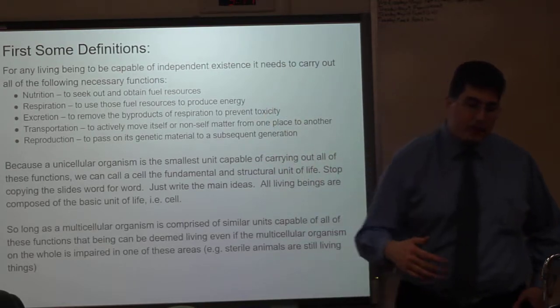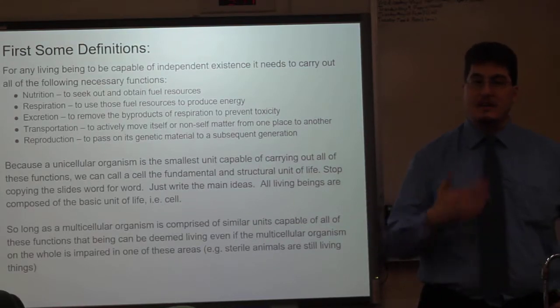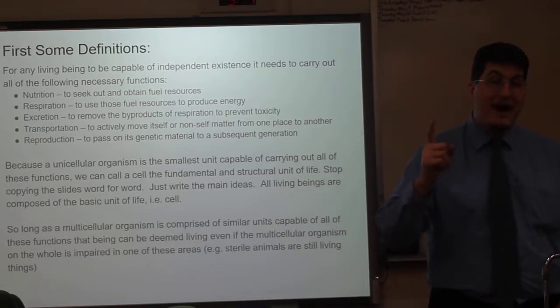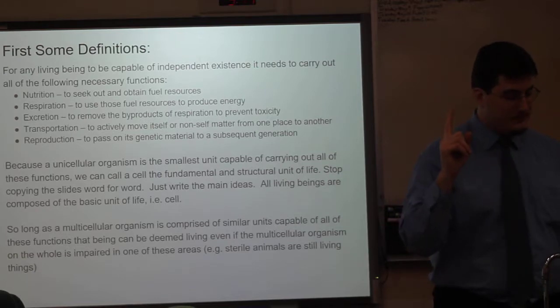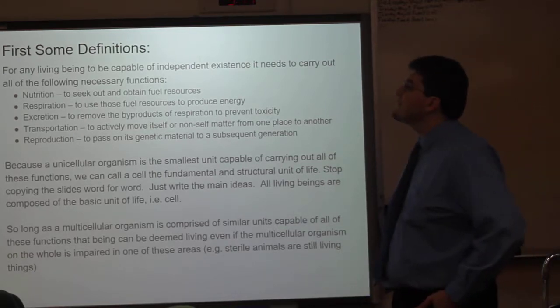So, for example, a mule. A mule is often considered sterile, even though there are some cases where mules can in fact still give birth. Yes, it's true. It's out there, believe it or not. All right.